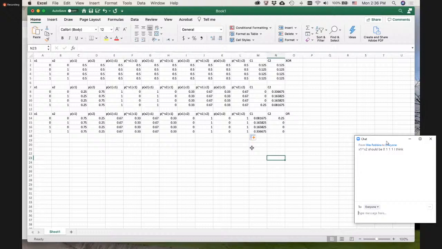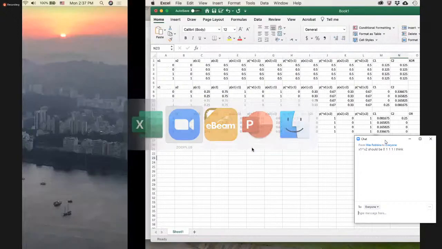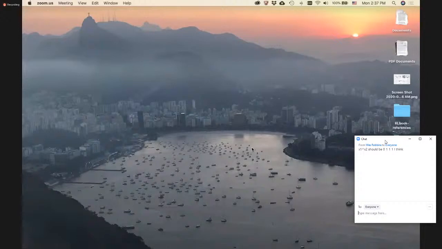Oh, that's the wrong spreadsheet. Well, X1 and X2 is going to be 0 because it's the AND.